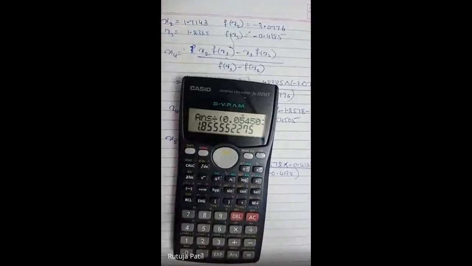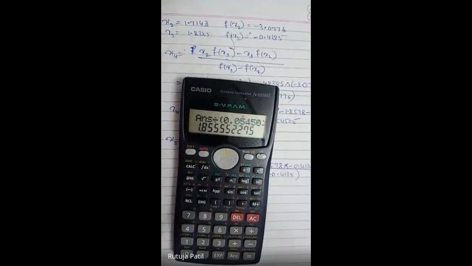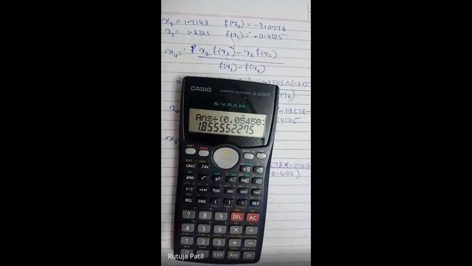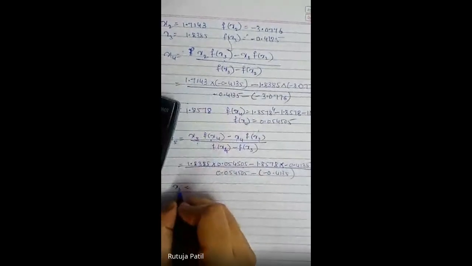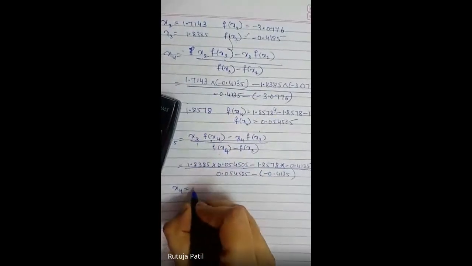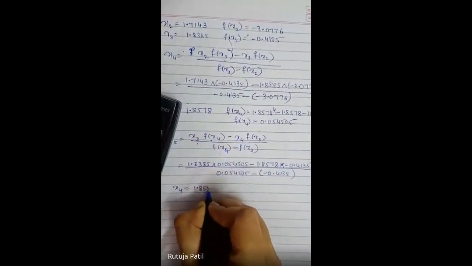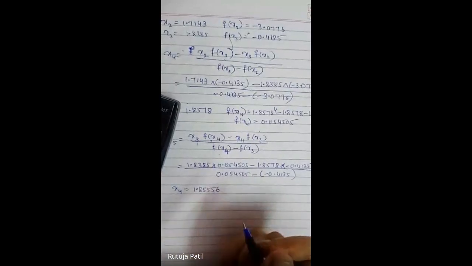So what is the value we have got here? That is 1.8555. Okay. So the x5 value we have got is 1.85556.